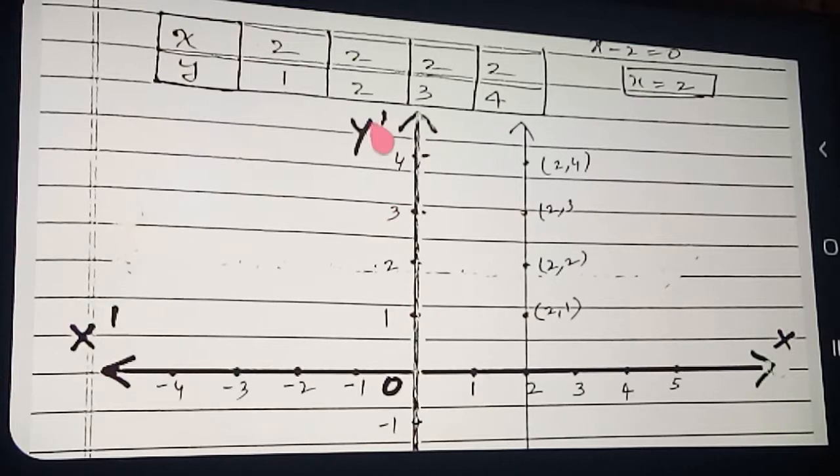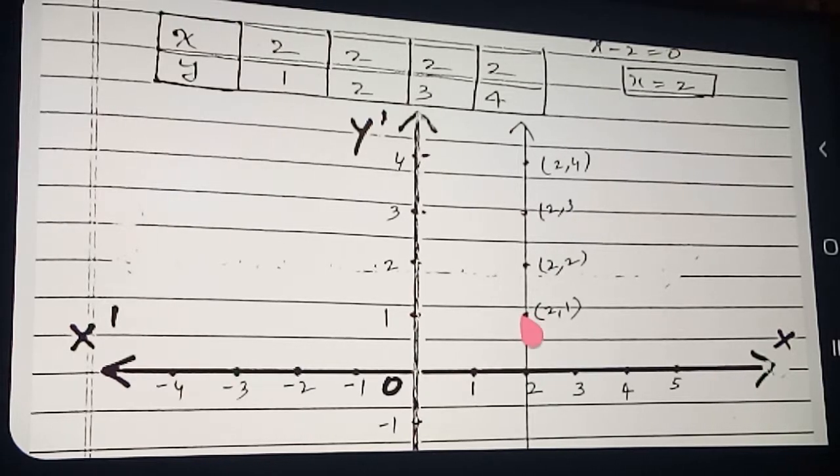Now see here, as the usual method, x dash drawn, y dash drawn, and then we are going to plot the points. What is the value of x? 2. And what is the value of y? 1. X is 2, so it will take on the x-axis, and for y is 1, keep the corresponding scale and mark.